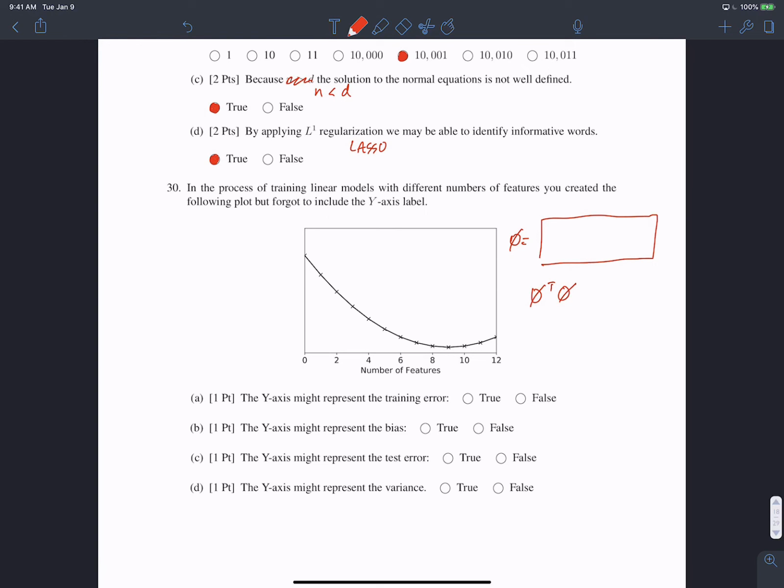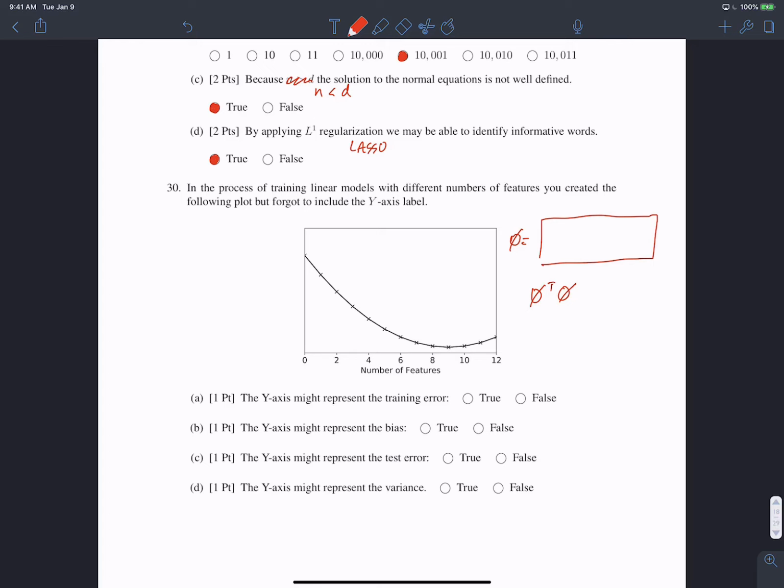Okay. In the process of training linear models with different numbers of features, you created the following plot, but forgot to include the y-axis label. Okay. Which of the following things could potentially be the y-axis? Okay. So let's see. We know for the bias, it must be false.